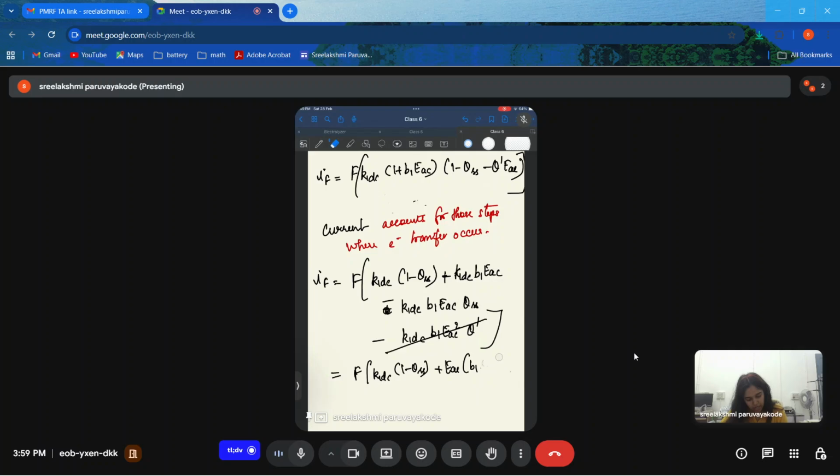I'm going to take it out along with EAC, into A1 minus B1 theta SS. There's going to be one more term which I understood: theta dash EAC. Okay.